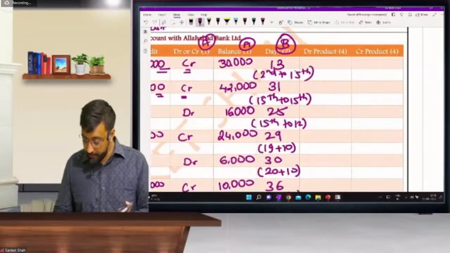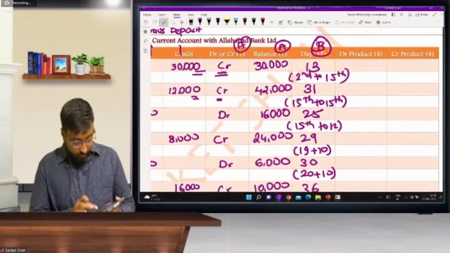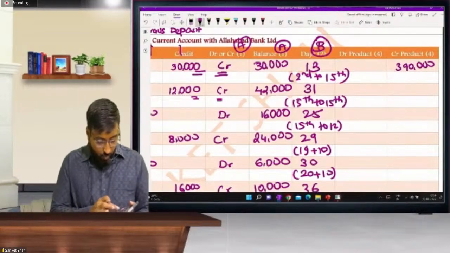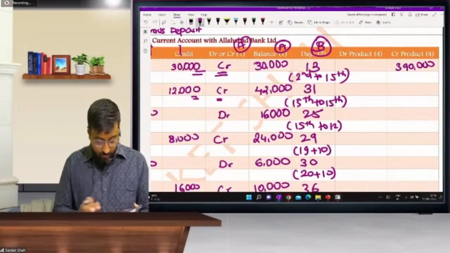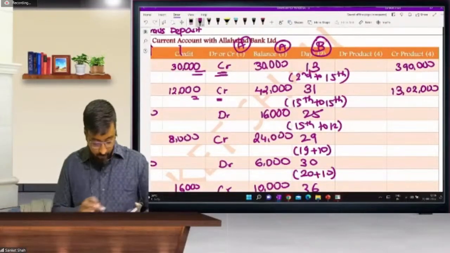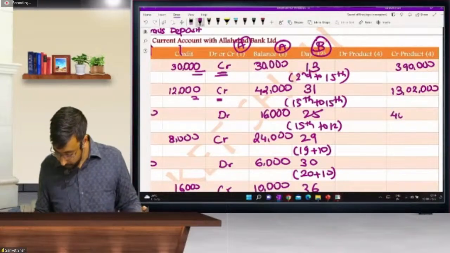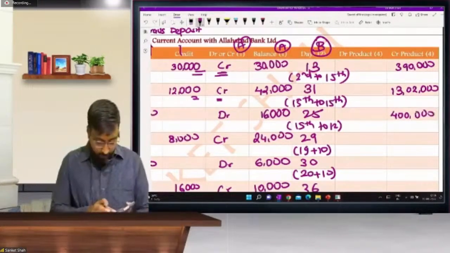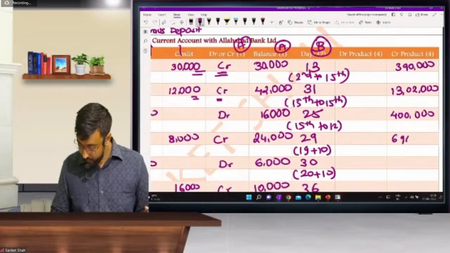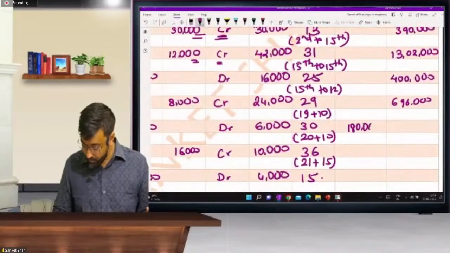30,000 into 13 क्रेडिट साइड पे लिखना है. 3,90,000. 42,000 into 31, 13,02,000. Debit 1,80,000.